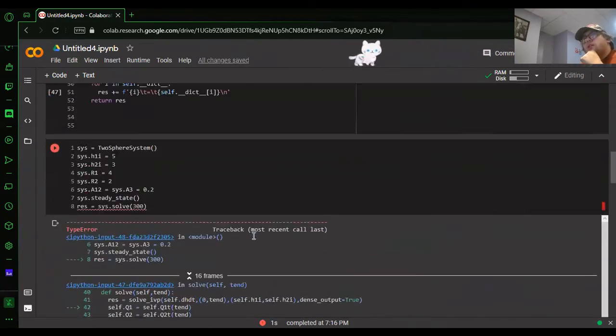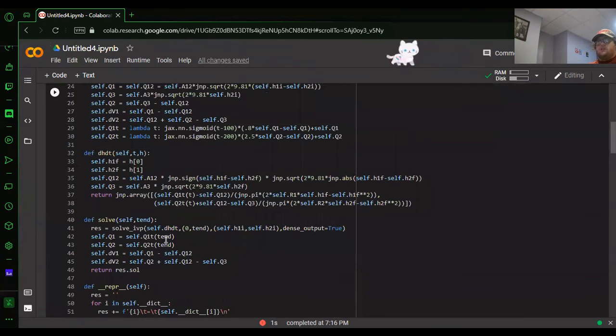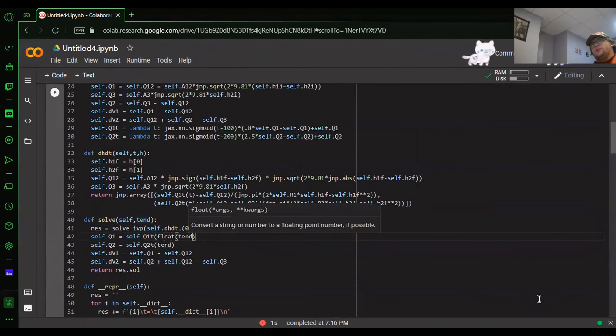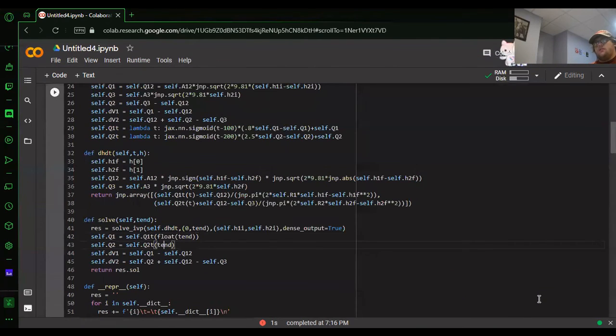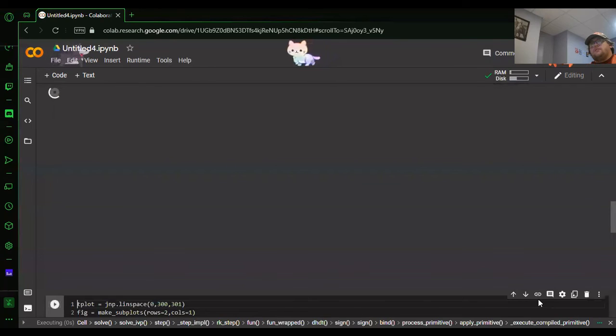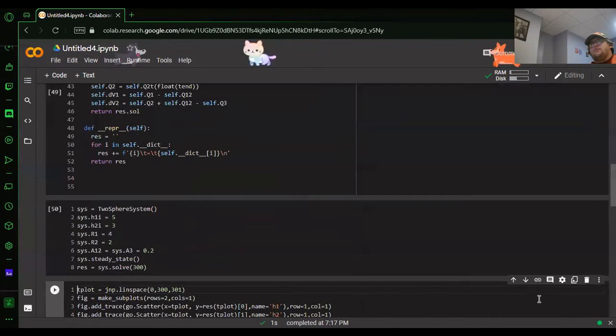Okay. So what's going on here is Jack does not like integers. I think this is what's happening. So if I do this again, sweet, I did it.